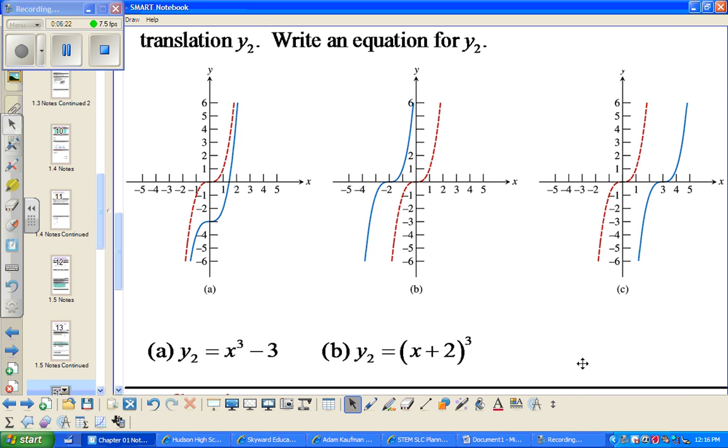And very similarly, in example C, you can see the graph is shifted to the right 3 units. Since it's shifted to the right, you're going to subtract, and your equation should look as follows.